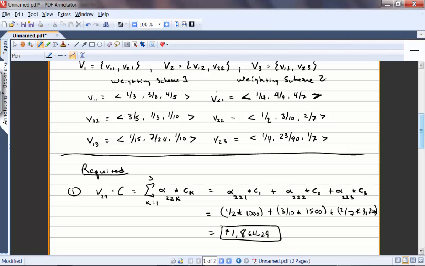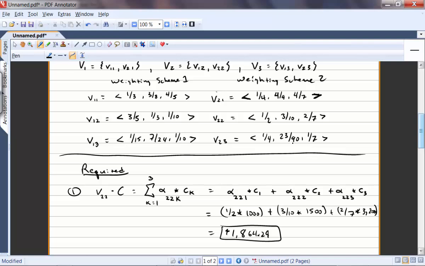What about under weighting scheme 2? Customer 1 would get 4/9, customer 2 would get 3/10, and customer 3 would get 23/90. 3/9 again is 1/3. So 4/9 has got to be bigger than 3/10. And then we know that 30/90 is 1/3.